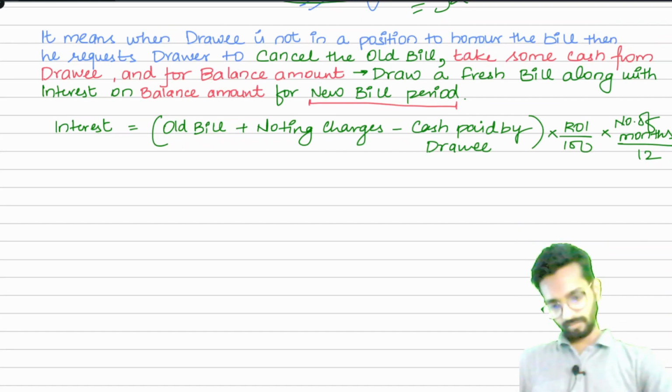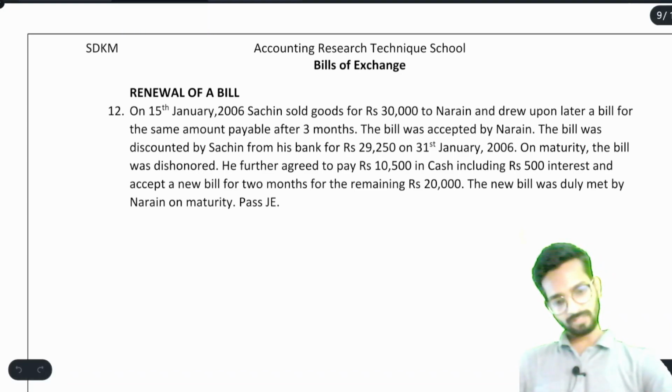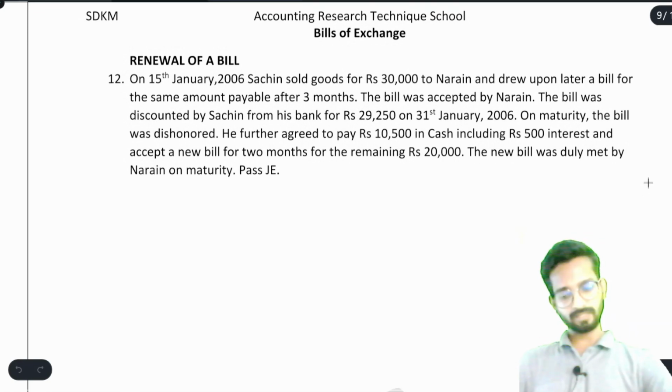This is the period that you have to calculate the interest for. Now, we will solve one question on this topic, renewal of bill. We will understand the story and then pass the journal entries one by one, so it will become very easy for us.